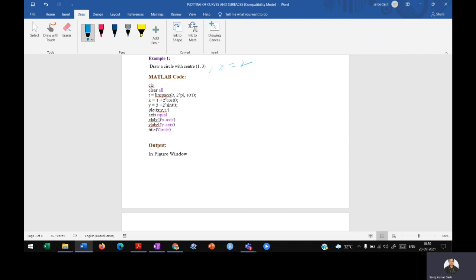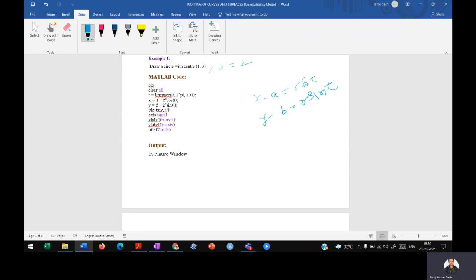the circle equation in parametric form is x minus a is equal to r cos t, y minus b is equal to r sin t. Correct? Or x is equal to a plus r cos t, y is equal to b plus r sin t, if a and b are the center and r is the radius.